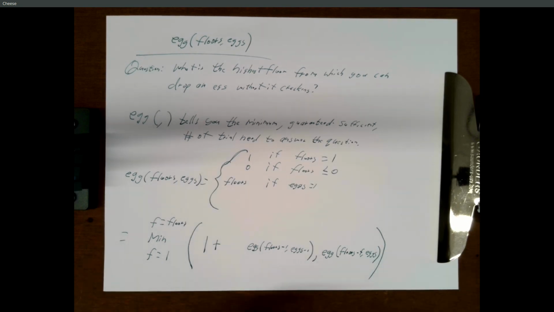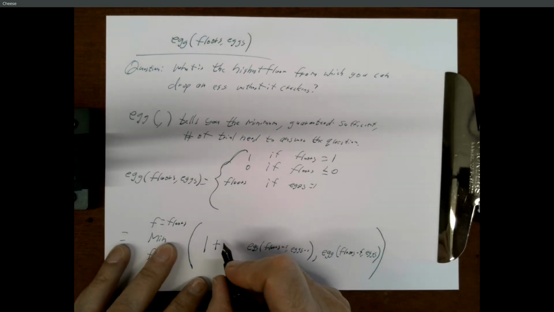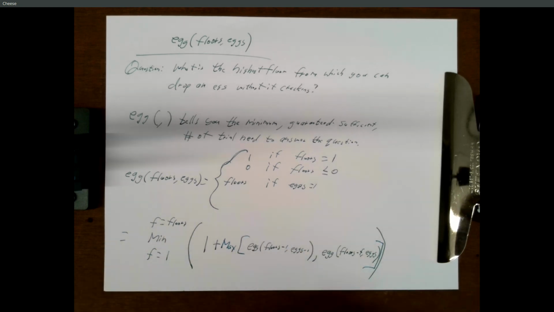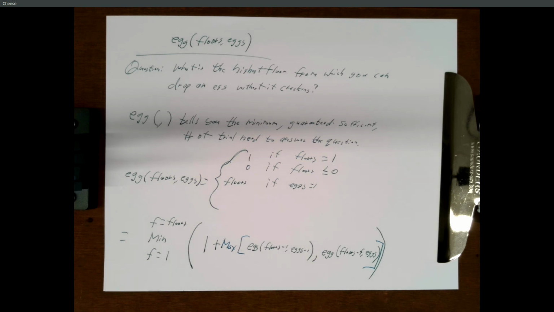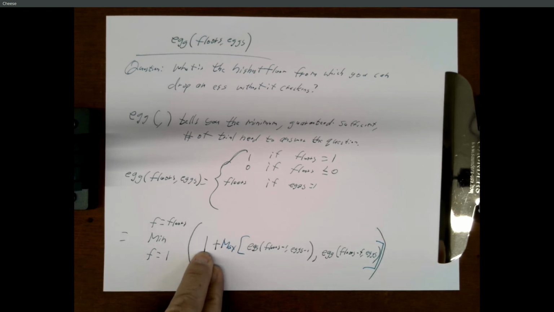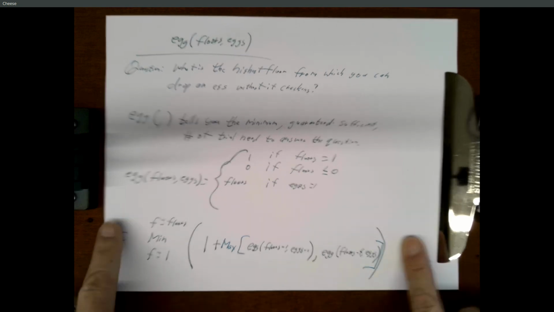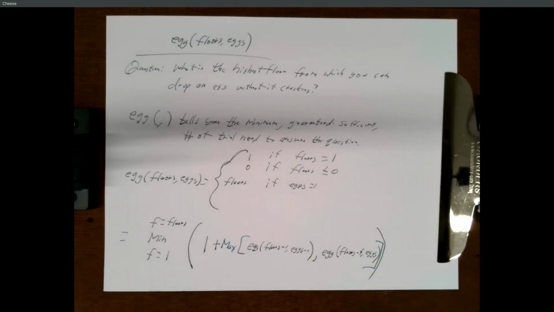And we need to consider the largest of those two. Because if we pick the smallest, and this turns out to be the case, our number of trials will be insufficient. So we actually need the maximum of these two values. That's the worst case number of trials it'll take. We add 1 for the trial of dropping F. This is the number of trials that are guaranteed to be sufficient if we start from floor F. Calculate that over all possible floors, take the smallest number, that's the value of your egg function.